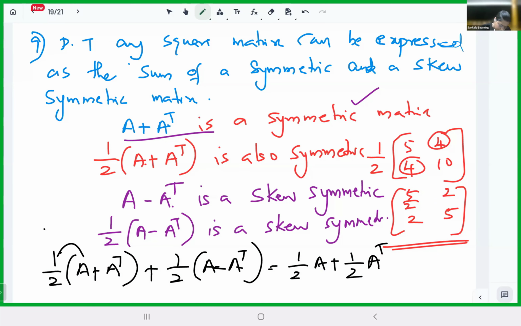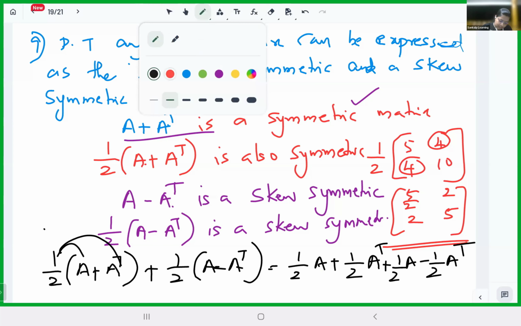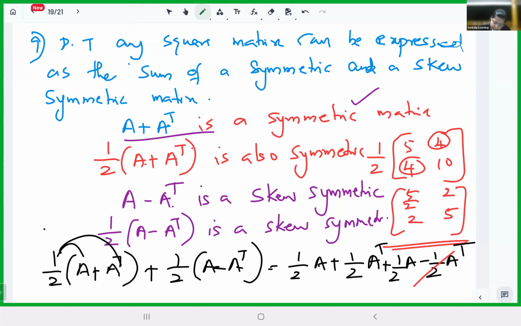I'm multiplying this half with each of the elements. Half A plus half A transpose plus half A minus half A transpose. Here you can see that these two values get cancelled, right? Minus half A transpose and plus half A transpose get cancelled. And what about half A plus half A? That is 1 by 2 A plus 1 by 2 A, which is nothing but A, right?